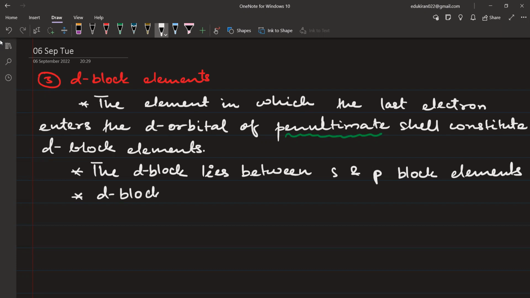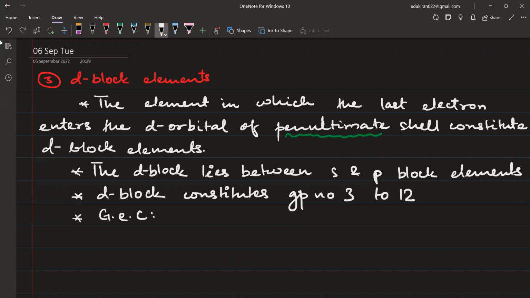The D block constitutes groups starting from group number 3 to 12. So for all of these elements, the general electronic configuration is always ns, where ns can hold 0 to 2 electrons, and (n-1)d, where d will hold 1 to 10 electrons.